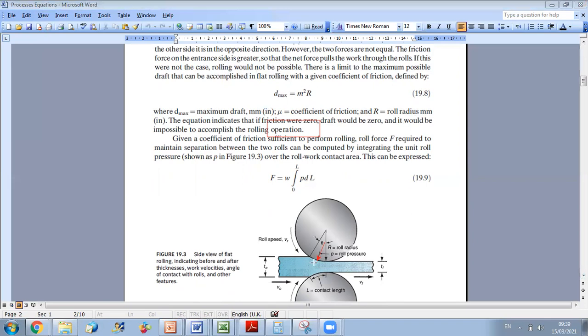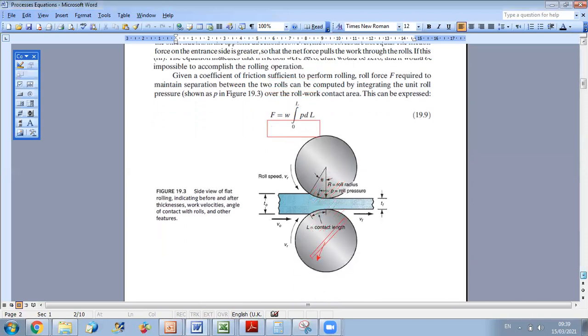The elementary area is dl, which is the small thickness of the arc of circle, times the width. Here if I perform my integration, I can use the average flow stress instead, because integration requires knowing the variation of pressure with location. So an easier way to compute the force is by considering the average stress value times the contact area.